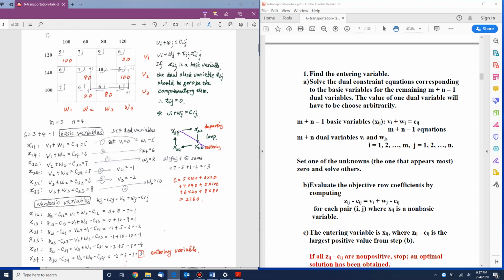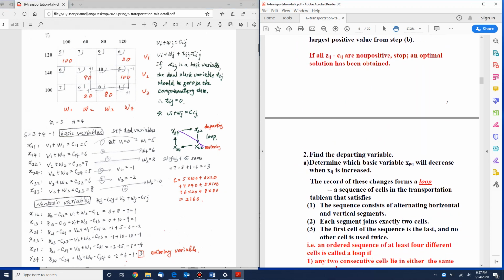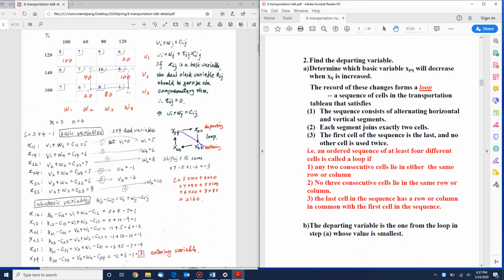Okay, and then how may we choose the departing variable? First, determine which basic variable xpq will decrease when xij is increased, just the one we choose as entering.